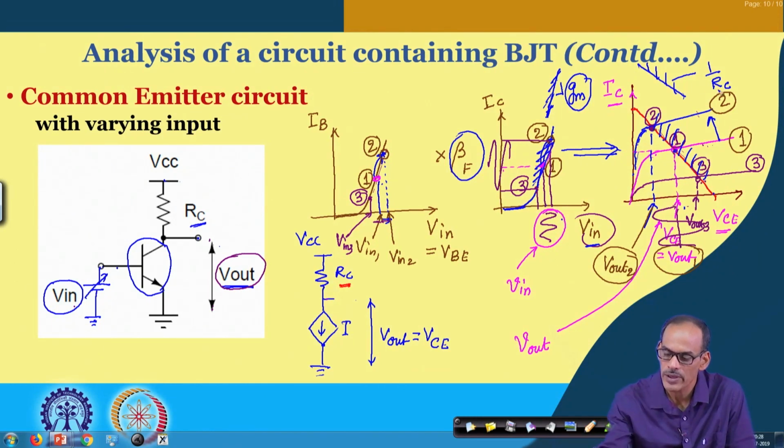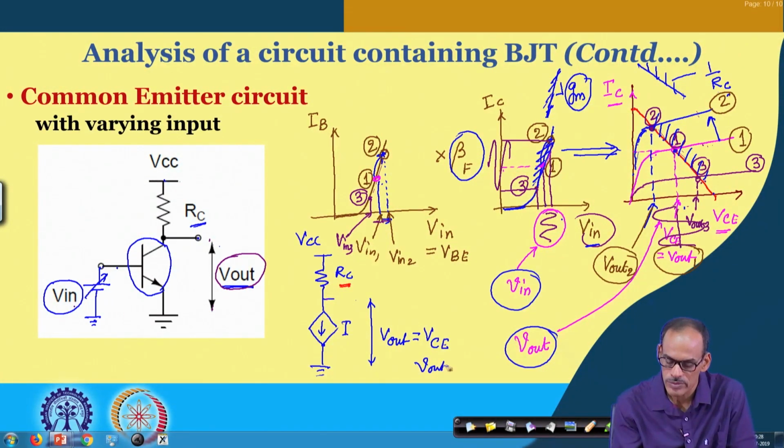So, if I take the reciprocal of this one, that gives us the overall gain, namely Vout divided by Vin. So, Vout by Vin is this Gm divided by the slope of that line, 1 by Rc, or this Rc is directly coming here. So, you can say that this is Gm into Rc. So, instead of writing like this, we can directly write Gm into Rc.